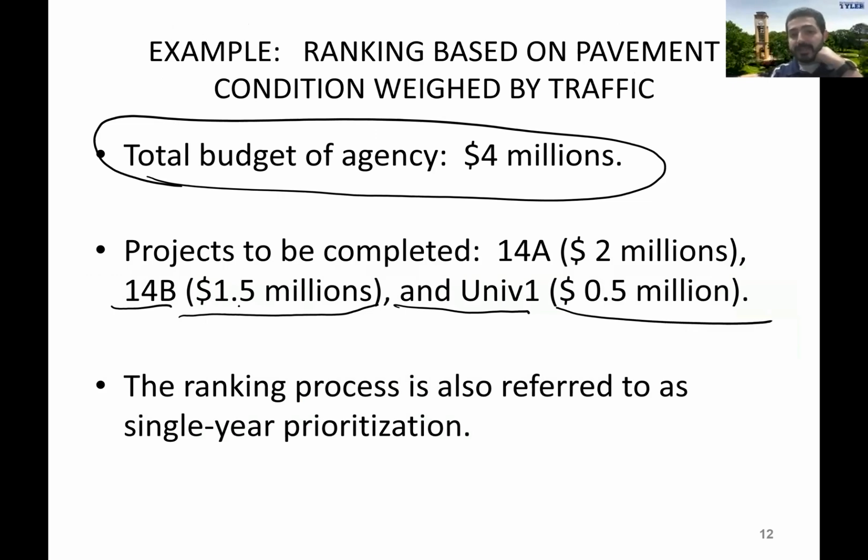So two, one and a half, and a half sum up to $4 million. So now, with the weighted average based on the condition of the pavement as well as the traffic, the ranking is different, and we're doing three projects covered by that limited $4 million budget instead of two.